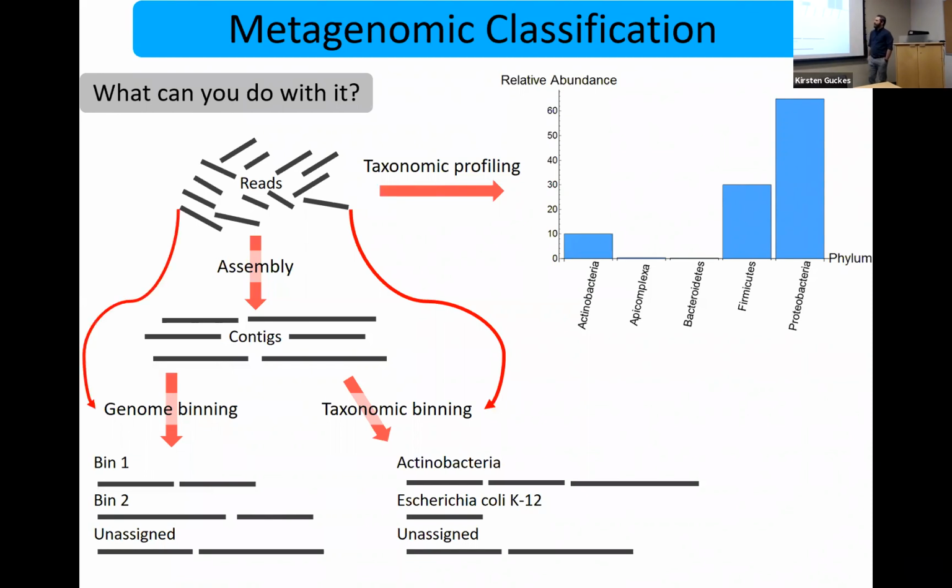Or you might try to bin these directly, which is very, very difficult, to try to group all the reads together and say all these reads can't come from the same organism. So what we're going to be talking about today is mainly everything besides assembly. The technique that I'll present in the end is going to give you a taxonomic profile, but it can also be used to do binning, either taxonomic or genome.